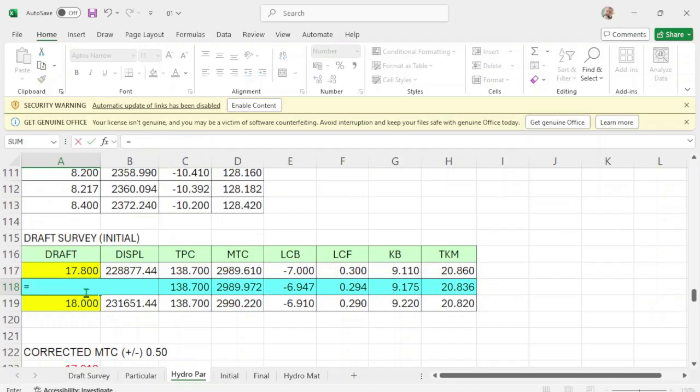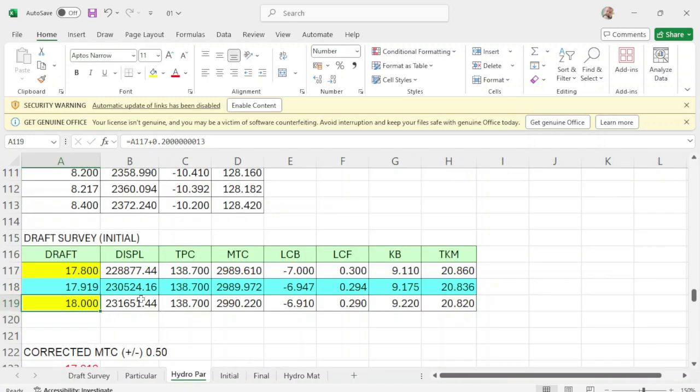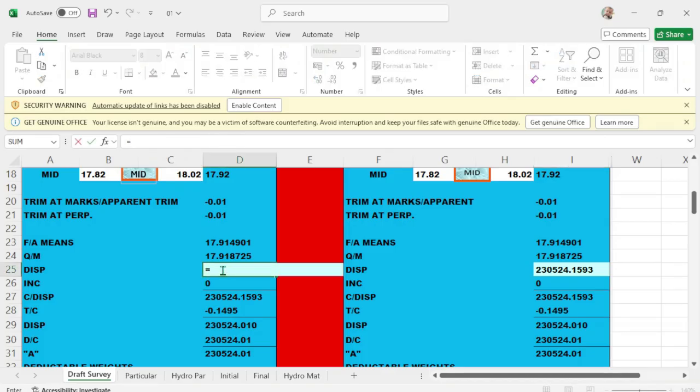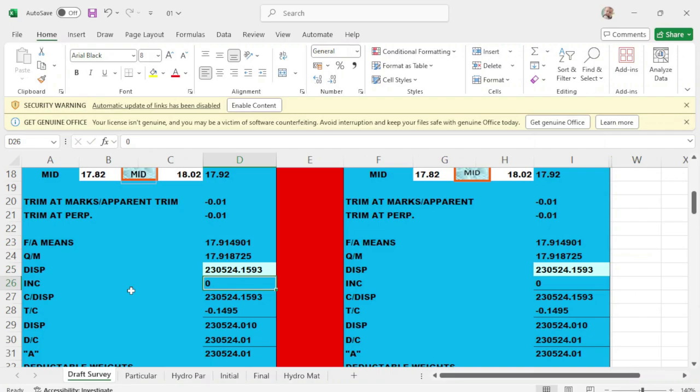Then go to your draft and click this quarter mean, and it will go there. To get this displacement, you just press equals and go to the displacement, which is this one. This is your initial. Take note. Press this one, then it goes in there. Okay. So they have the same.